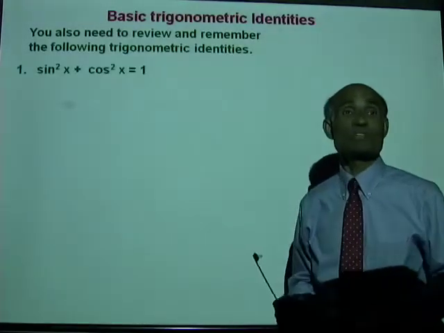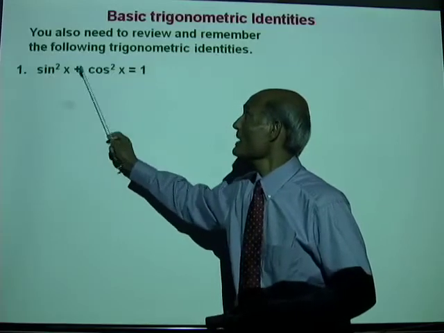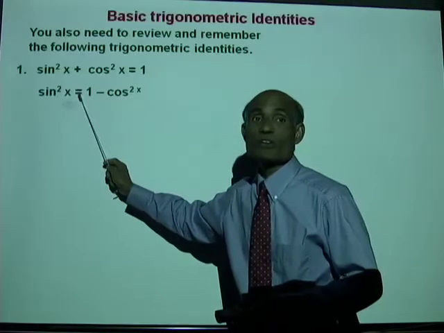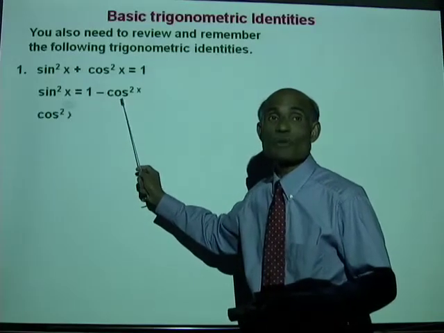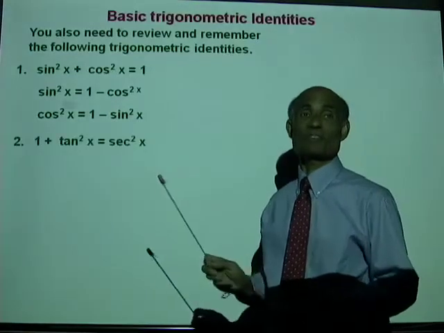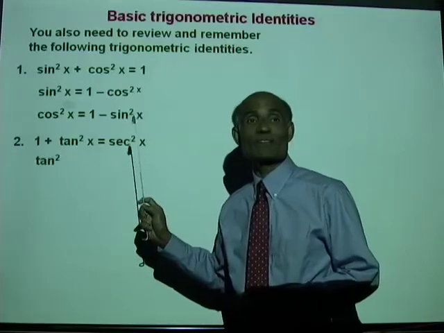And the trigonometric identities, one more time we will go through them. Sine squared x plus cos squared x is 1, which means sine squared x equal to 1 minus cos squared x, or cos squared x equal to 1 minus sine squared x. 1 plus tan squared x is secant squared x.